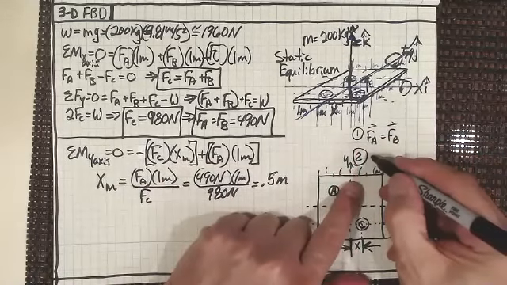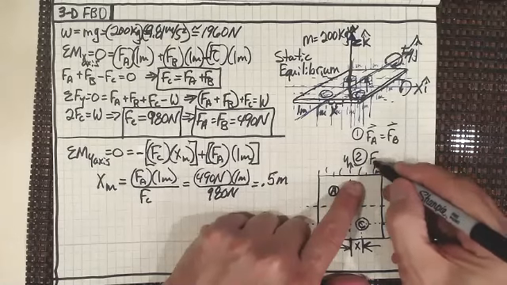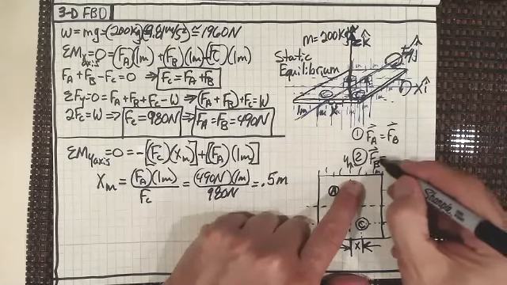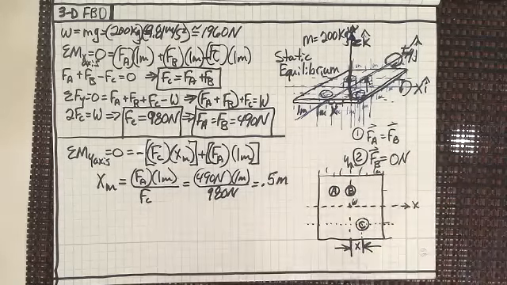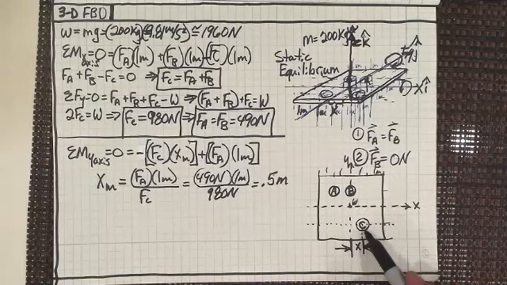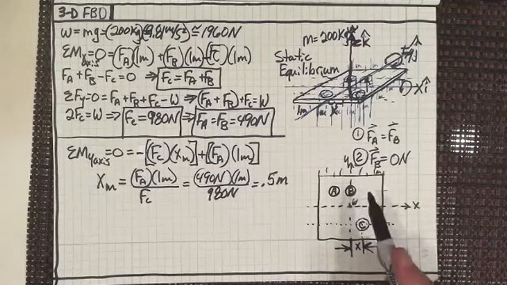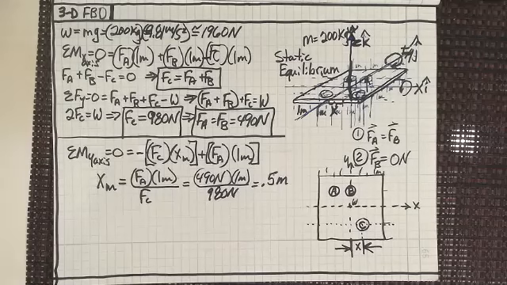Now, the second thing is, what if I wanted F sub B to equal 0 newtons? What if I did? Where would I put C? Think about this for a second. I want this to equal 0, right? In fact, why don't I use another color?